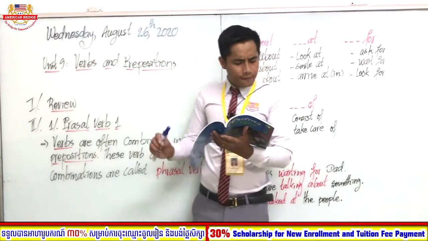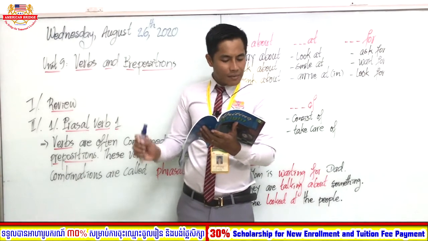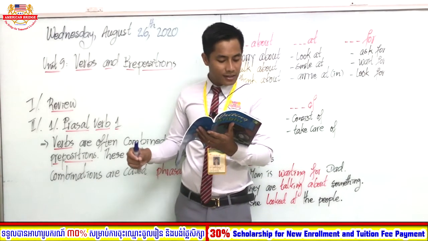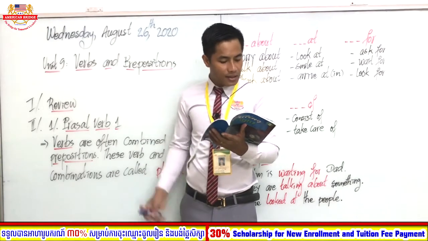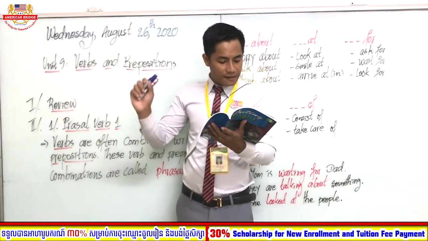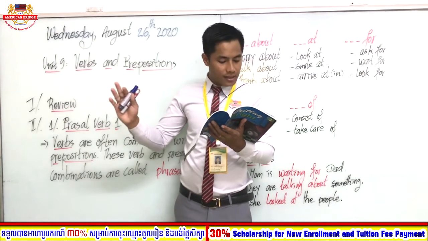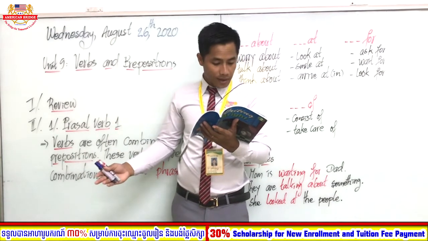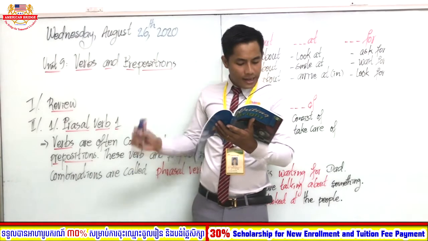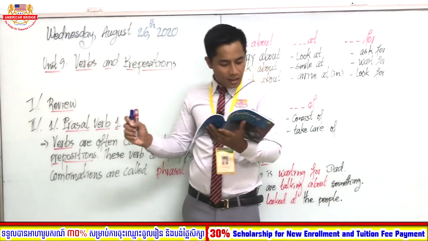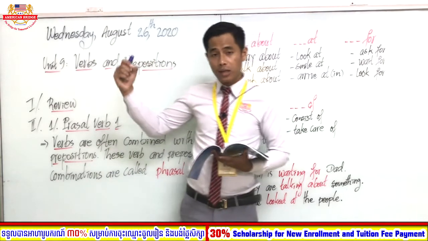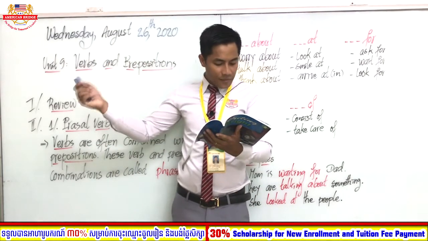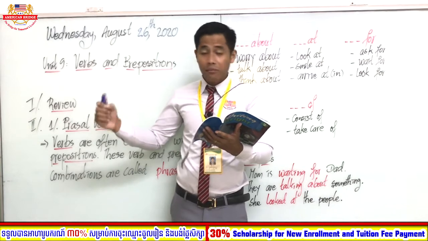For the second part, we have learned prepositions of time, like on, in, for, during. All of this is called preposition of time. And prepositions of place mean those prepositions are used to show the place of something, like they live in Mexico.